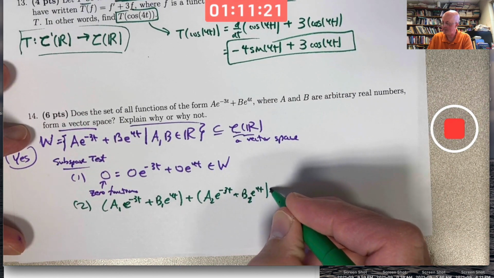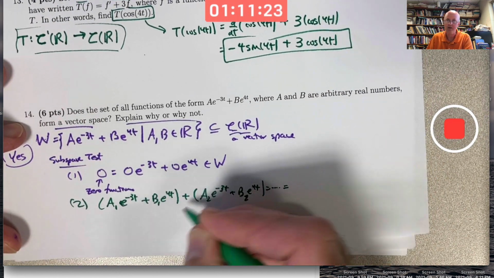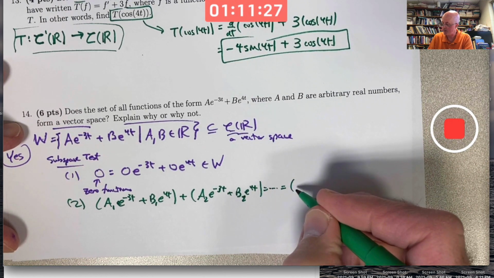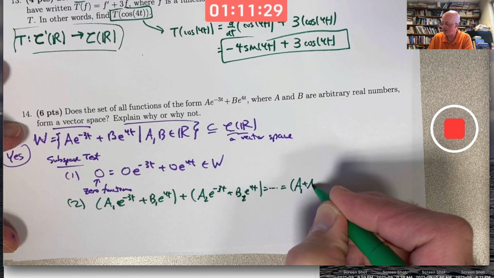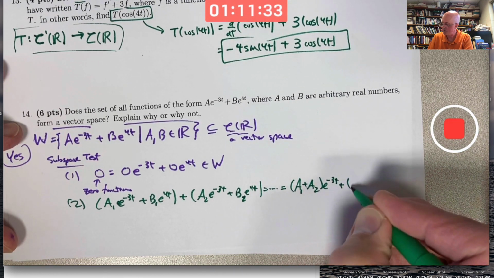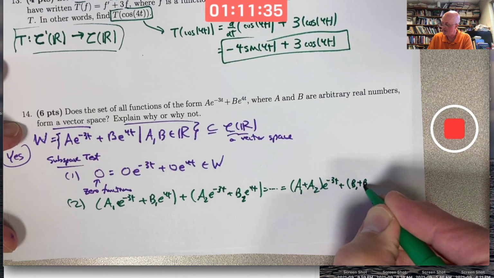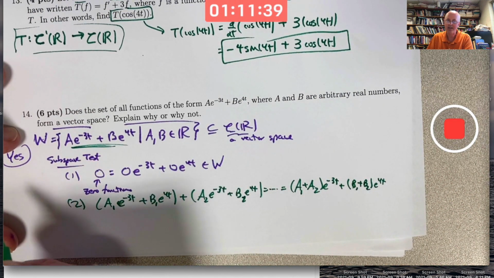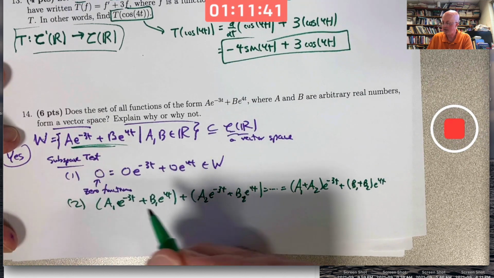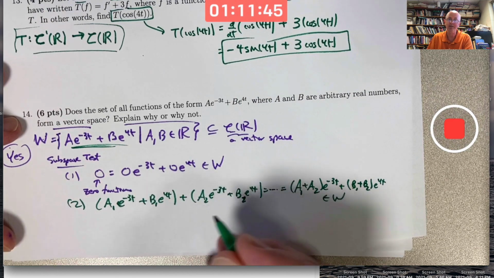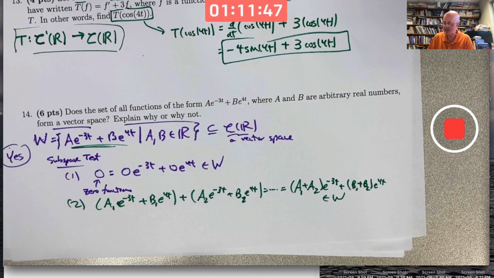And the answer is yes, because of properties of number addition, like the commutative property and the associative property. I can rewrite this as the number a1 plus a2 times e to the negative 3t plus the number b1 plus b2 times e to the 4t, and that is in the right form. A scalar times e to the negative 3t plus another scalar times e to the 4t. This is an element of W. So this means W is closed under addition.